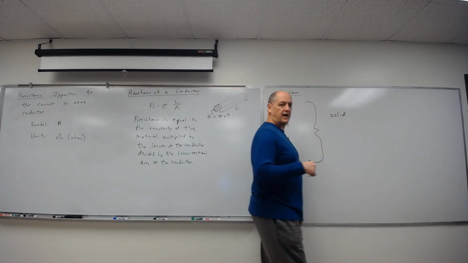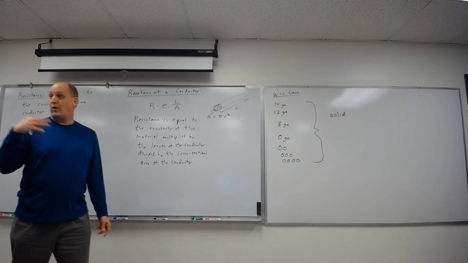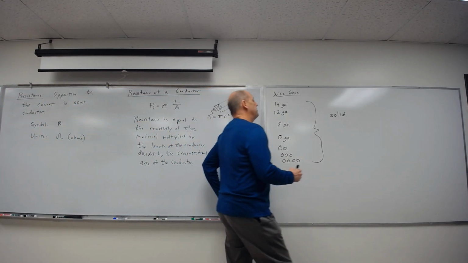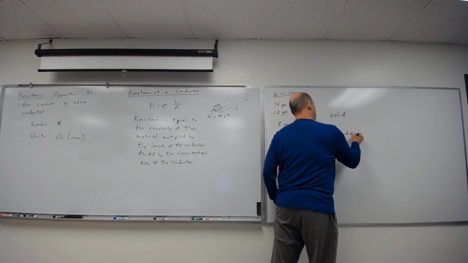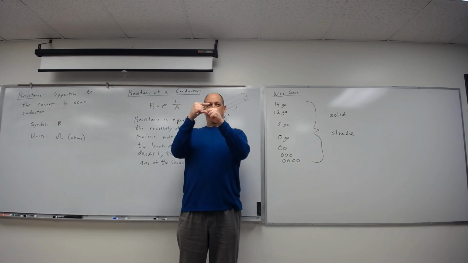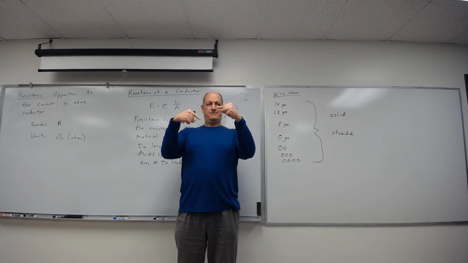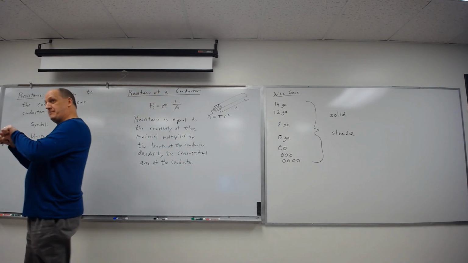Now, if you look inside, like the power cord for, say, an amplifier, all the wiring inside is probably stranded. In other words, instead of one solid piece of wire, it has a whole bunch of wire twisted together. It's a lot easier to maneuver back and forth.